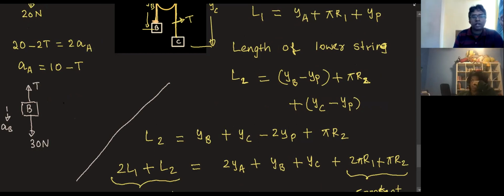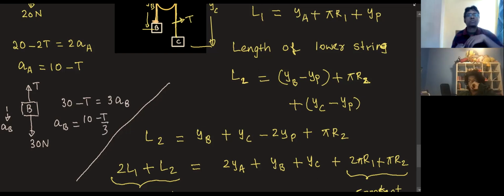So here we write 30 minus T is mass into acceleration, which is 3AB. So from here I can write AB as 10 minus T by 3. Are you okay so far? So we have AA and then you have AB.